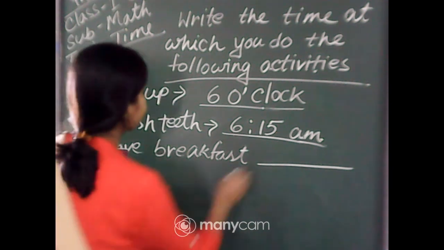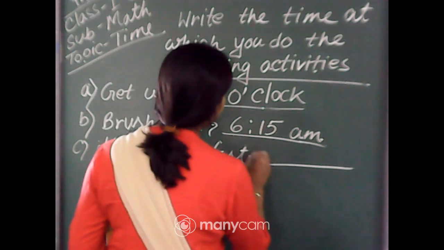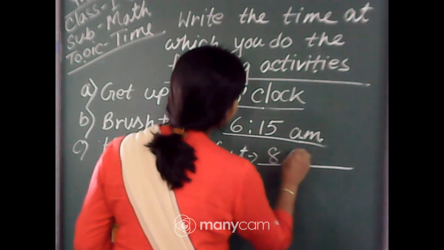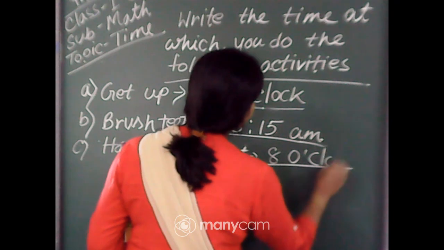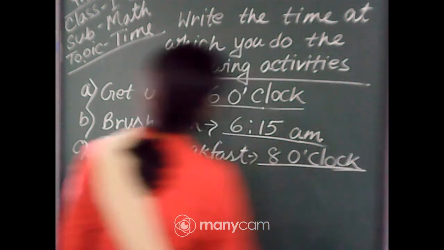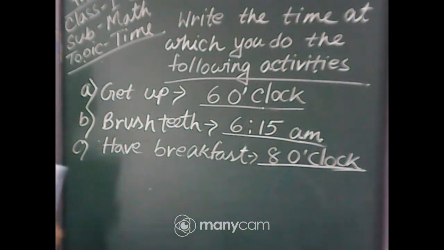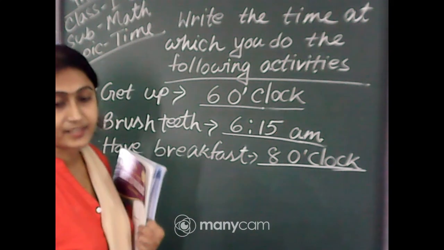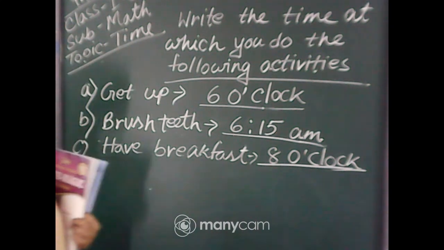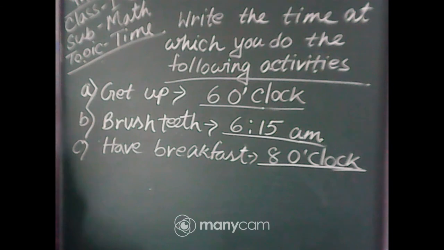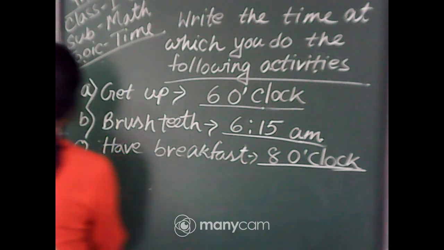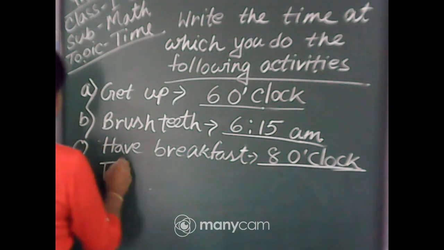Yes, okay, no problem. You can write 8 o'clock if you take breakfast then. If you take breakfast at 7 o'clock, you can write 7 o'clock, no problem. If you take your breakfast at 7:30, you can write that. Next, take a bath.